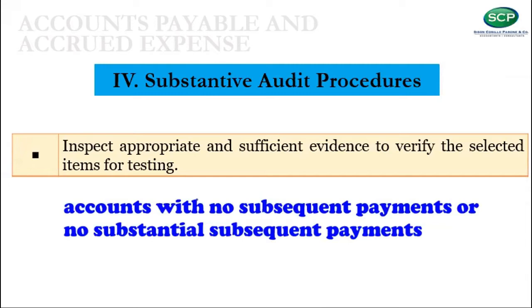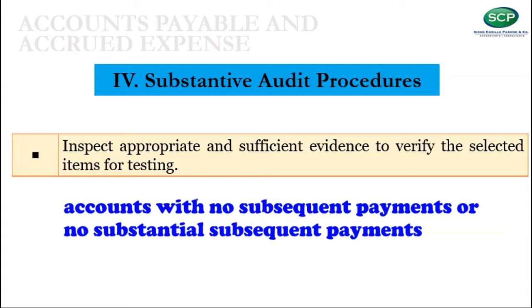Kapag lang walang subsequent payment na ginawa or masyadong maliit, let's say ang total amount due is, let's say 1 million, ang binayad lang is 100,000, then we need to perform additional procedures in those cases. So, una muna subsequent payments, pag hindi tayo na-satisfy sa subsequent payments, saka pa lang tayo mag-e-examine nung source documents.